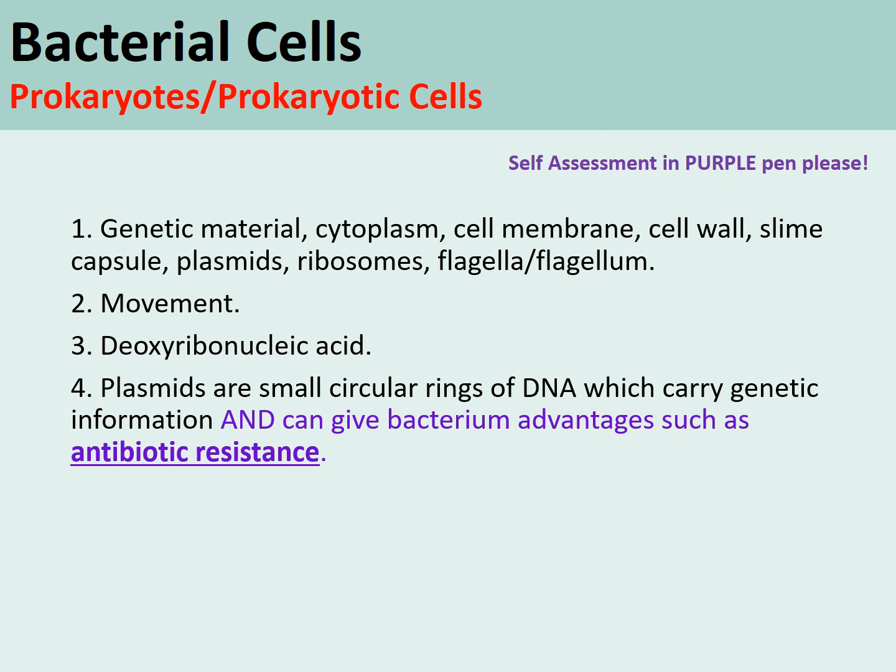So that's where we get the antibiotic resistant bacteria from. Now, don't worry if you didn't know that already, because that comes up in a later chapter as well, and mostly in next year's biology, which is all about diseases.